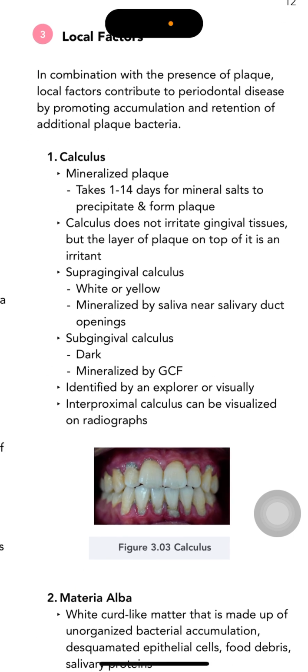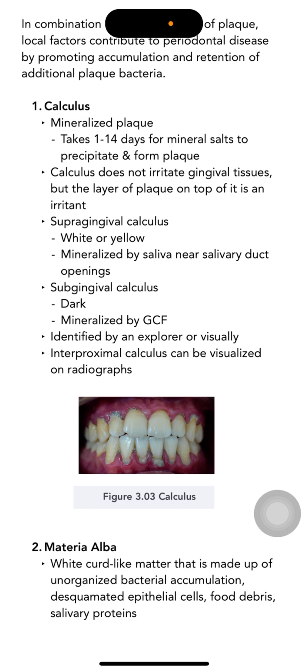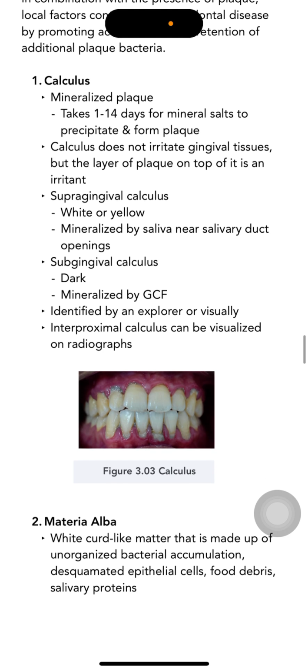Calculus is mineralized plaque. It takes 1 to 14 days for minerals to precipitate and form calculus. Calculus does not irritate gingival tissues, but the layer of plaque on top of it is an irritant.